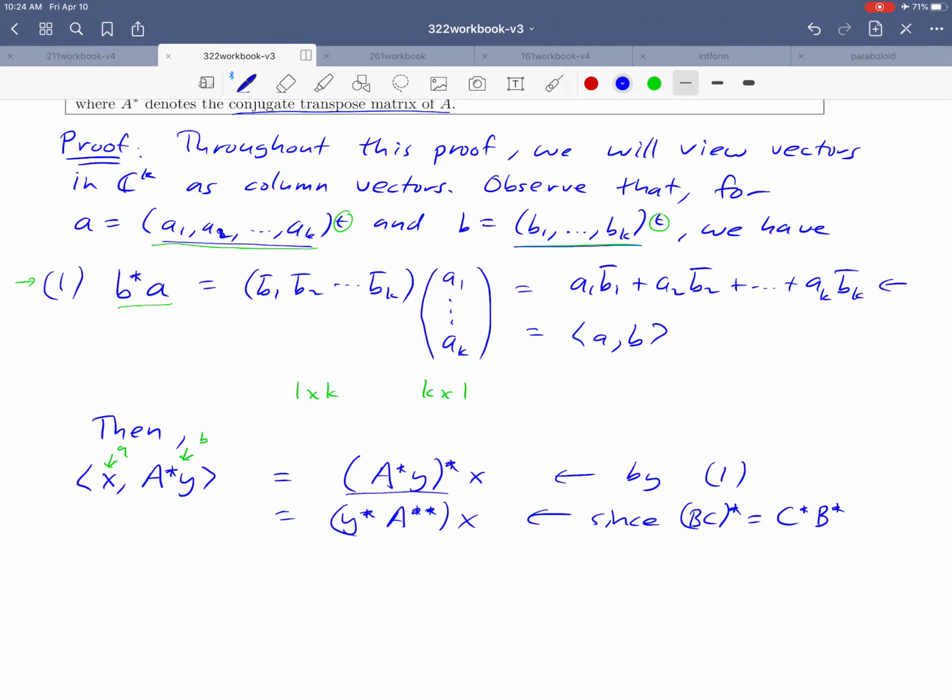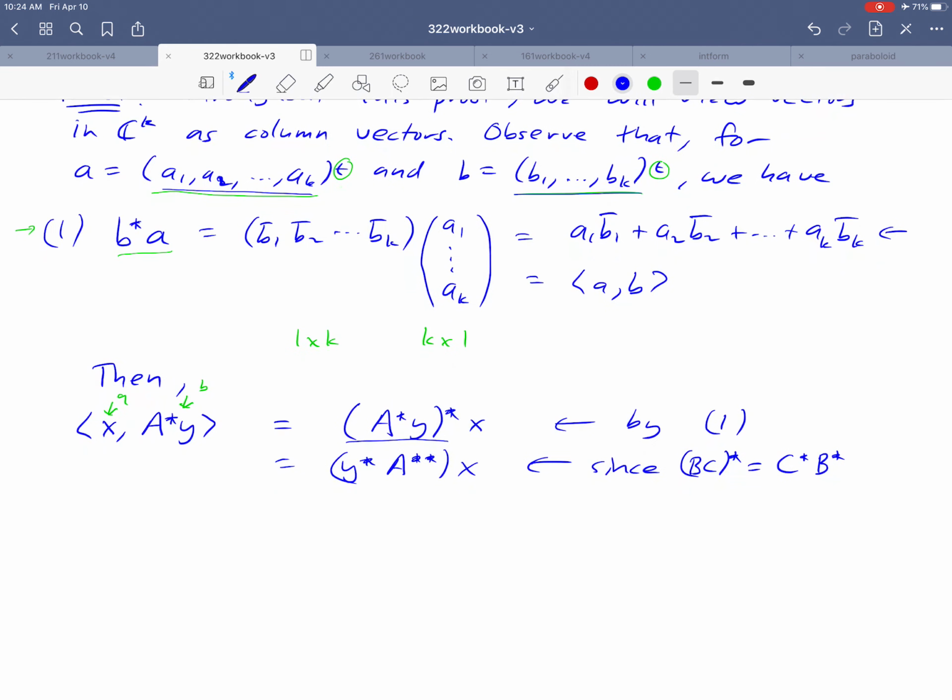I'll leave it to you to verify that fact. And then as you might guess, if you take the conjugate transpose of a matrix twice, you're going to just get back to the matrix again. So this is really y star A x, since A star star is just A.